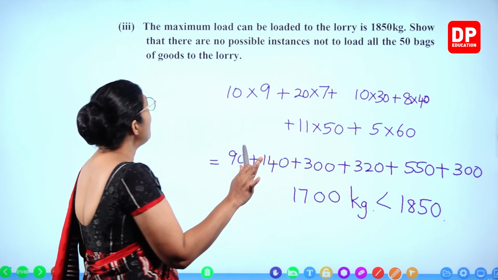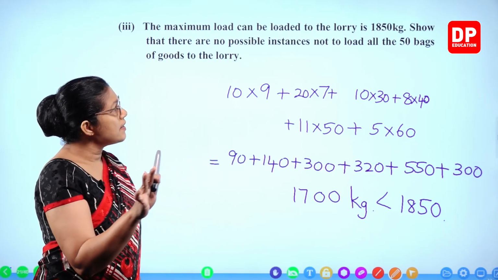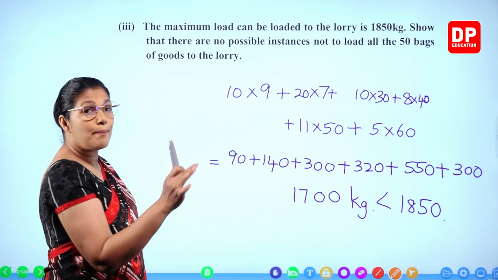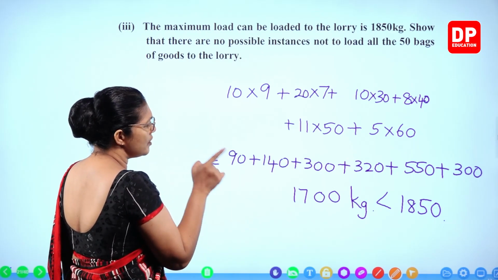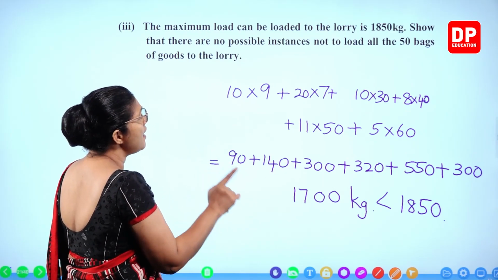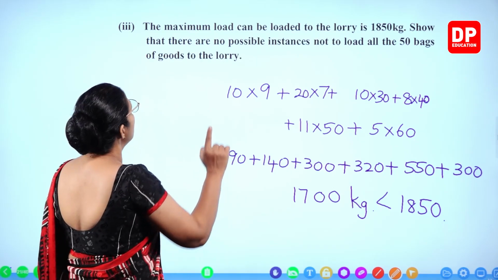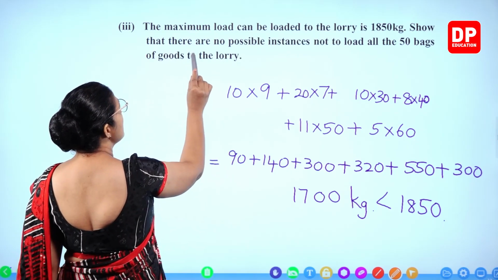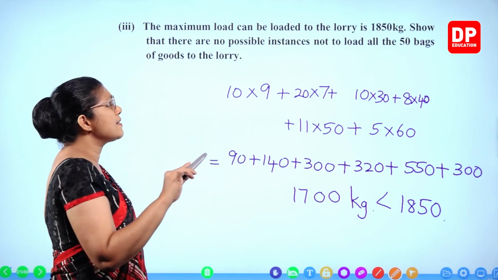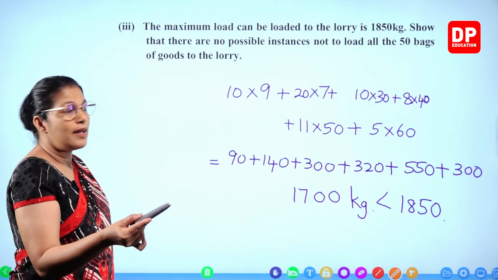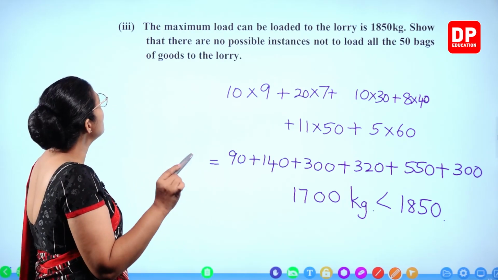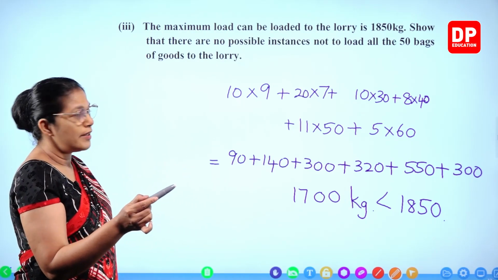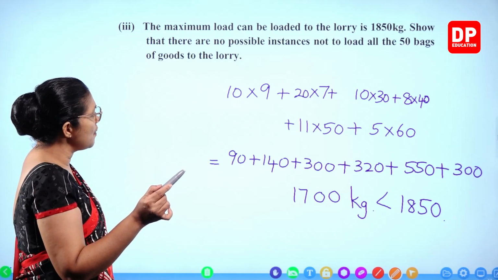So the maximum possible load is 1850. But when you take the maximum value here, it's 1700. So what you can say? You can load it. So what does this sentence mean? There are no possible instances not to load. So that means you can load all 50 bags of goods to the lorry. So we agree to this statement.